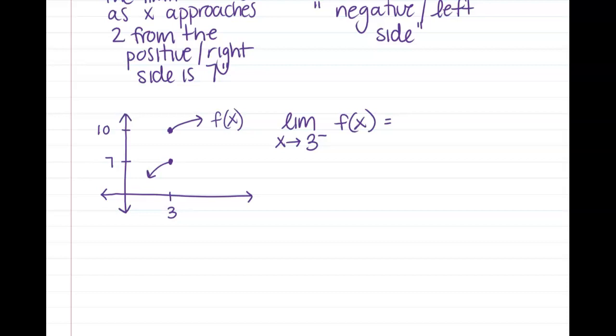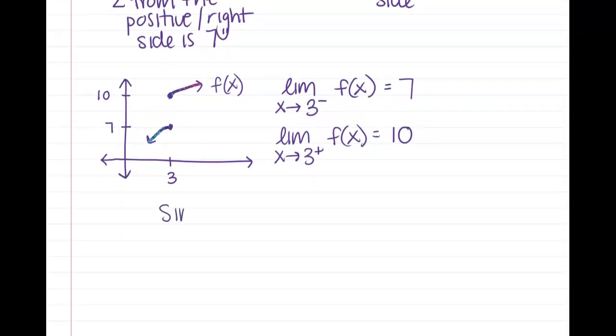So if we approach 3 from the negative side, so from the left, like where the function is here, we're approaching it from the left, well, it's 7. The y value is 7. But now the limit as x approaches 3 from the positive or the right side of f of x. From the right side, we're up here, approaching. Oh, we're at 3. The y value is 10.